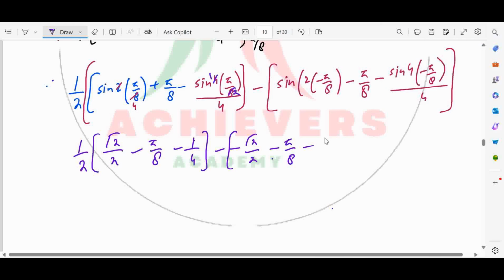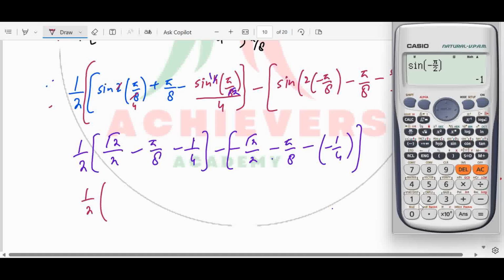So minus 1 by 4. Now if we simplify it, this will be 1 by 2 bracket, now this will be square root of 2 by 2 minus fraction 1 by 4.